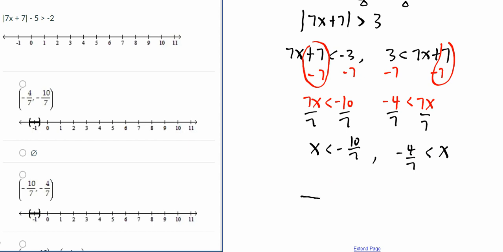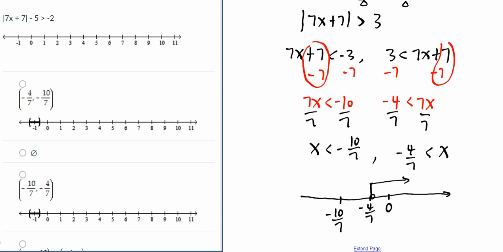On the real number line, if you have 0 here, negative 4 over 7 is here, and negative 10 over 7 is here. It's more negative, this number. X greater than this number, things on the right are greater. X greater than negative 4 over 7.